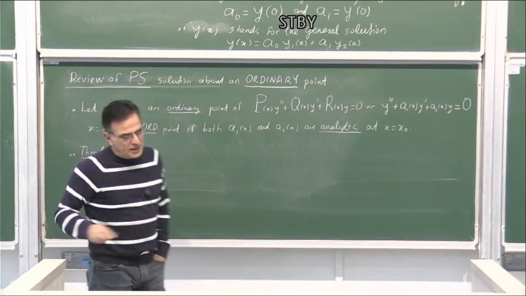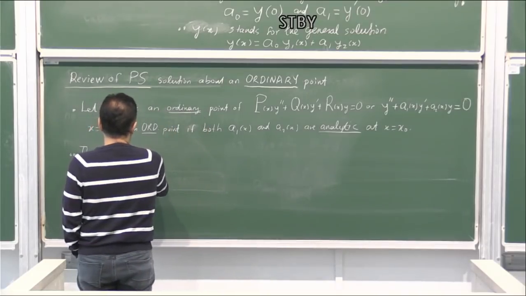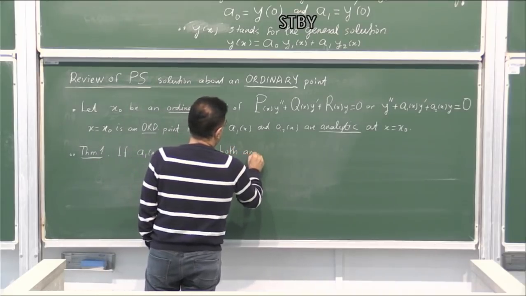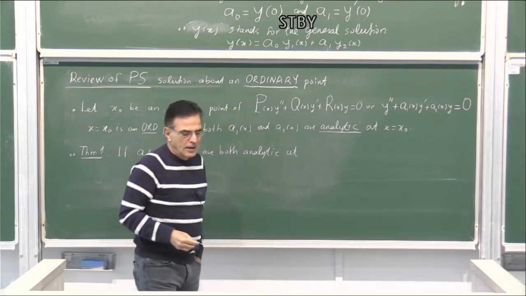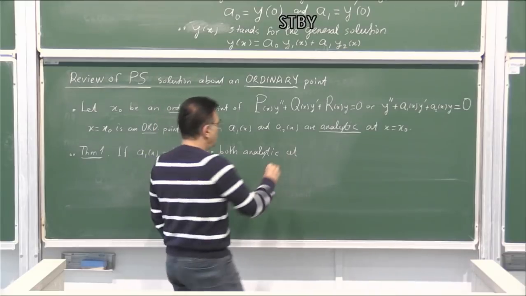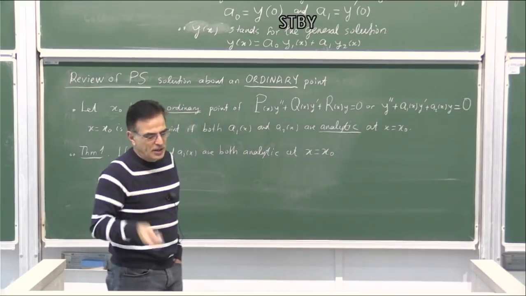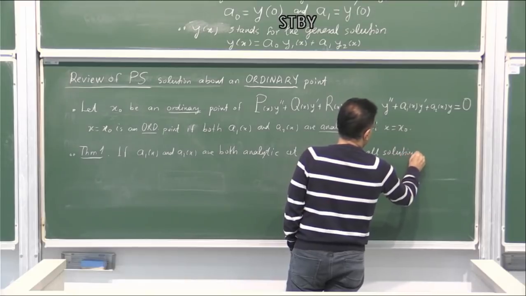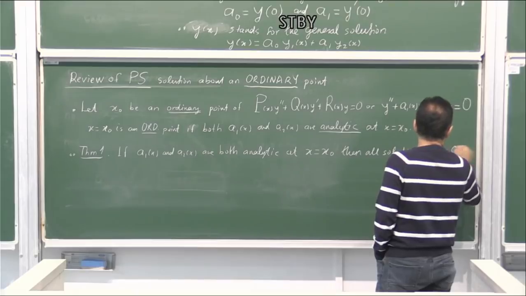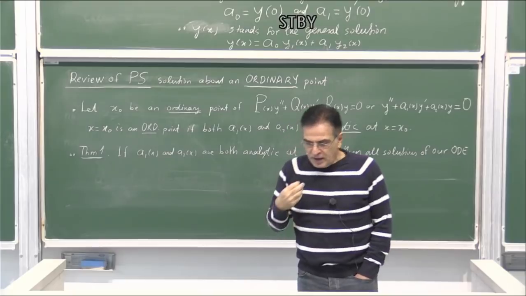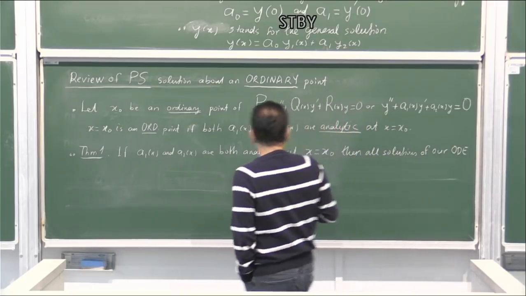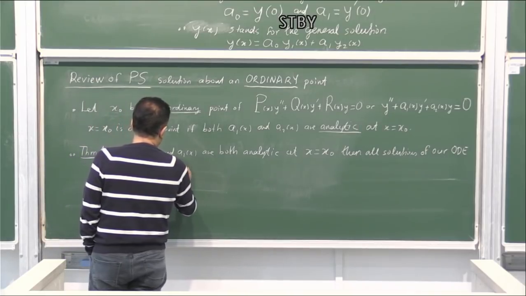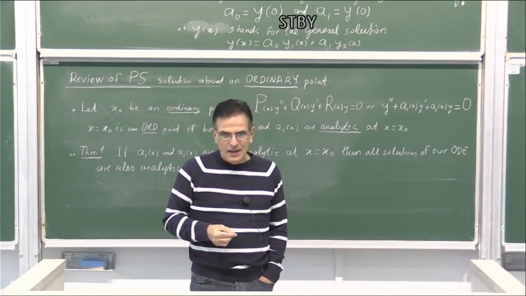Theorem 1 tells us that if a1 and a2 are both analytic at x equal to x0, implying that x0 is an ordinary point, okay, then all solutions of our ODE, which is a second order homogeneous ODE, are also analytic at x0.